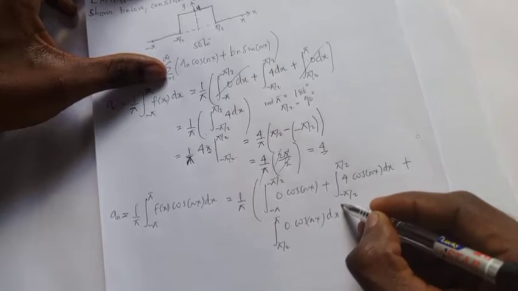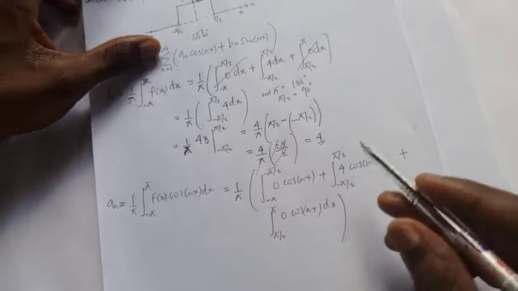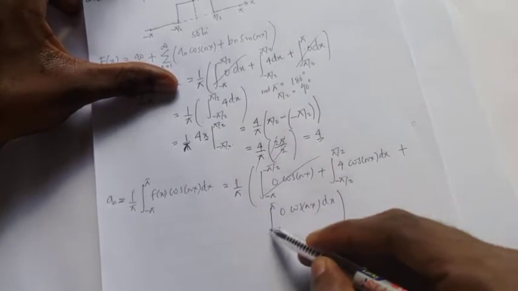Now the integral of 0 cosine of nx gives us 0, and this other one also gives us 0.